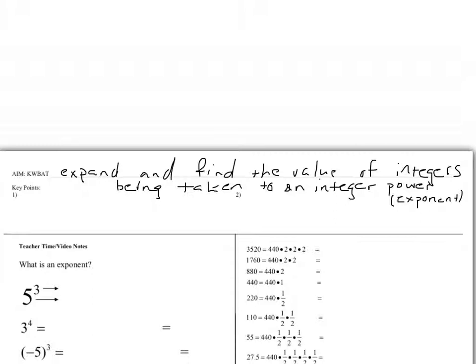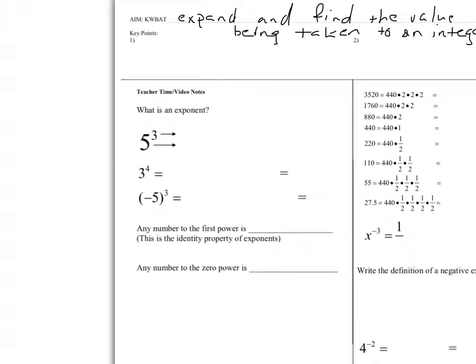Integers also include negatives and 0. So when we're talking about whole numbers, we're thinking about anything that is a whole number or it's negative. So negative 1, negative 2, negative 3, negative 4, 0, 1, 2, 3, 4, and so on. When we're talking about a power, we're talking about an exponent.